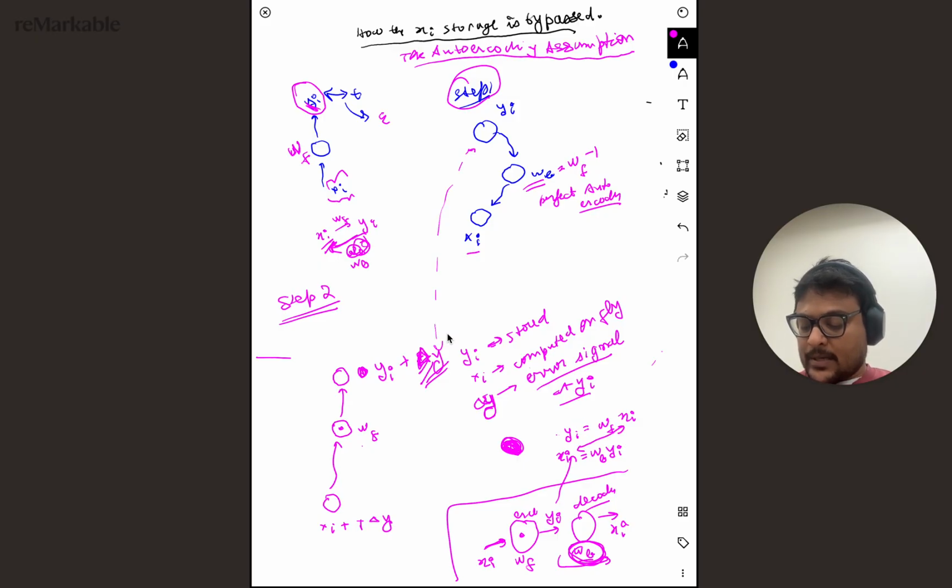Using this expression, xi becomes wf inverse yi, and you can substitute this back in the expression, and what this gives you is wf inverse yi equal to wb times yi.